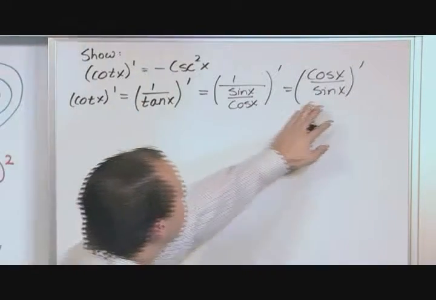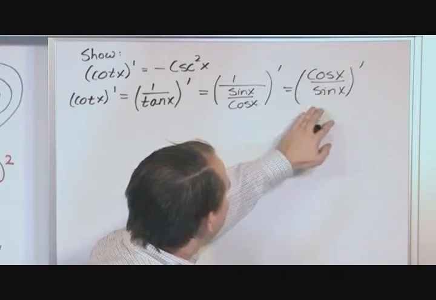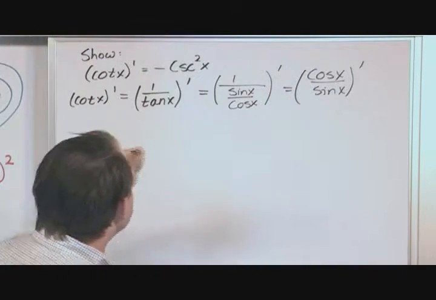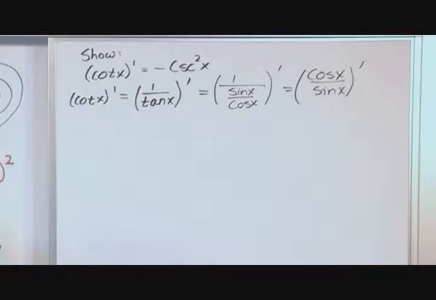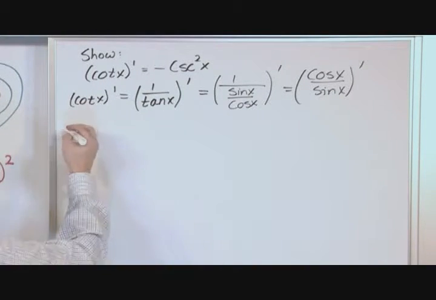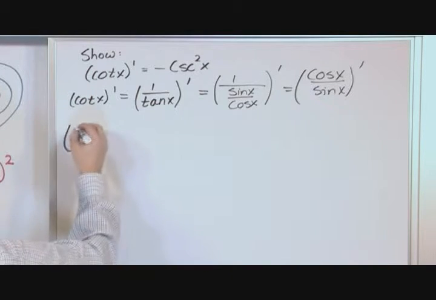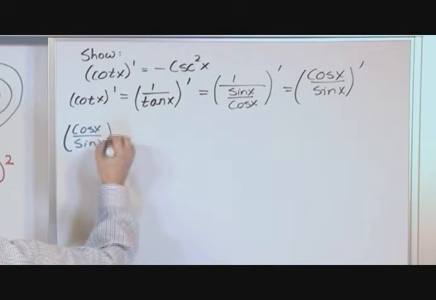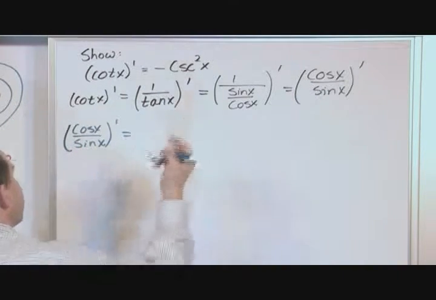So now this is really easy because it's a quotient rule. I know the derivative of cosine, I know the derivative of sine. Those are the fundamental functions we talked about a minute ago. So let's go and do that. Let me go ahead and write it again, cosine of x over sine of x, derivative. It's a quotient, so let's use quotient rule.